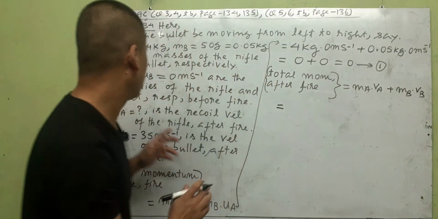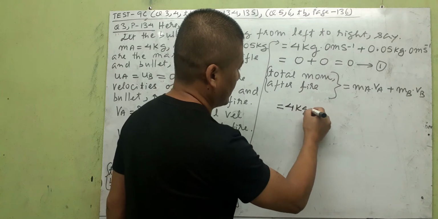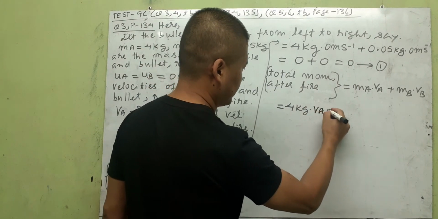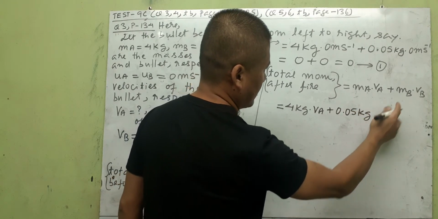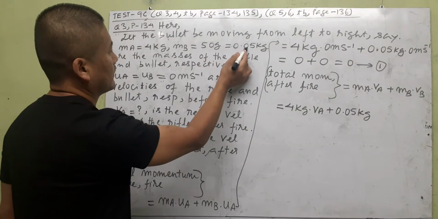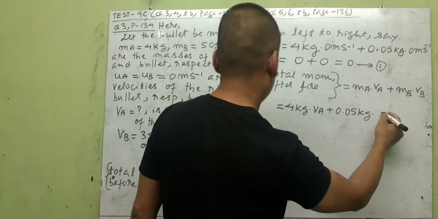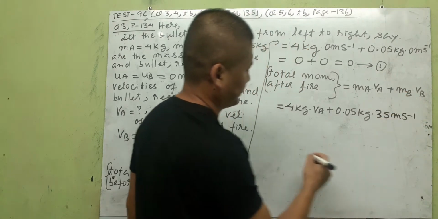So MA 4 kg into VA, we don't know yet, plus MB 0.05 kg, as you can see here, into VB is 35 meter per second.